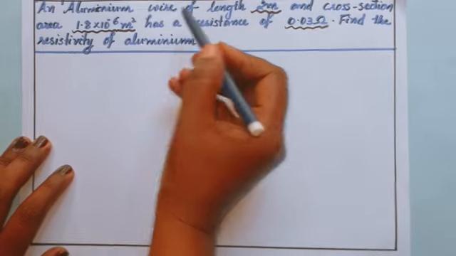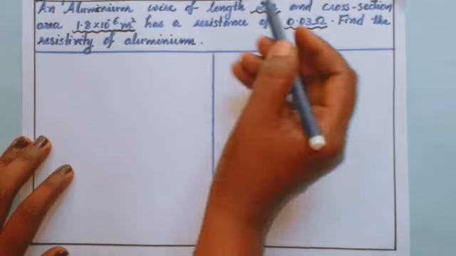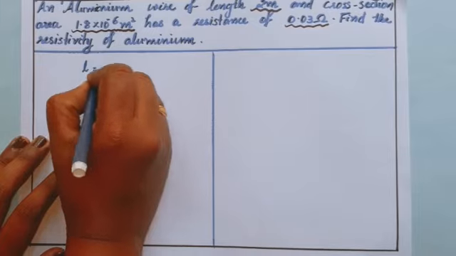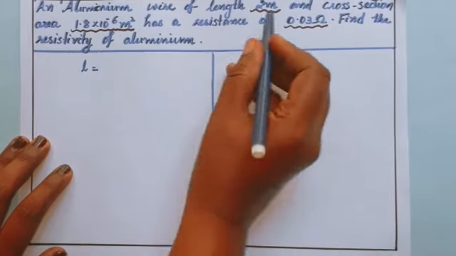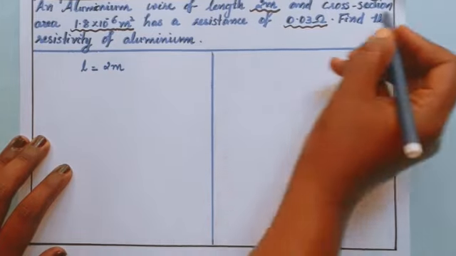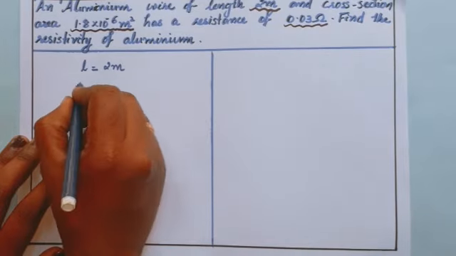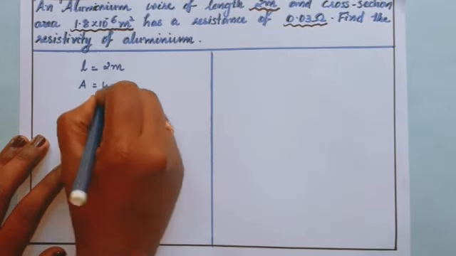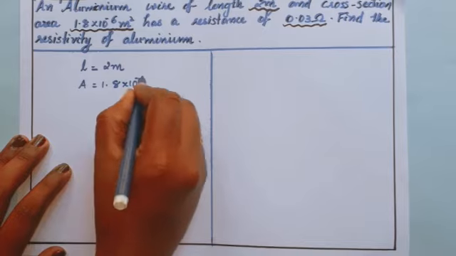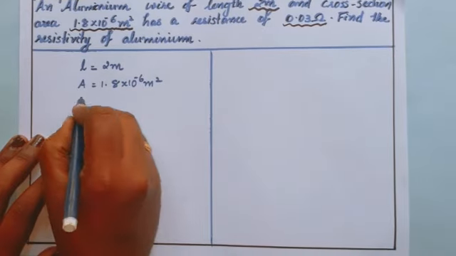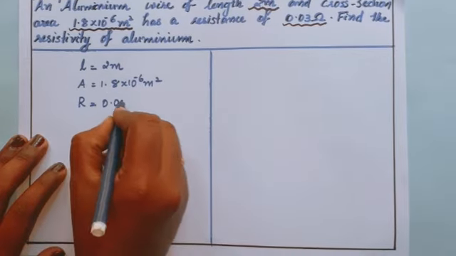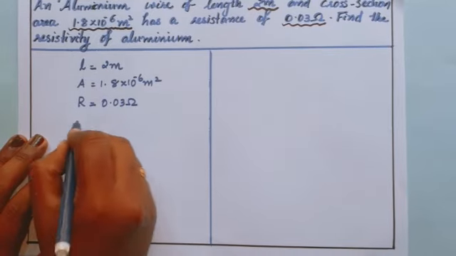L is equal to 2 meter, and area of cross section A is equal to 1.8 into 10 raised to minus 6 meter square. The resistance is also given, 0.03 ohm.